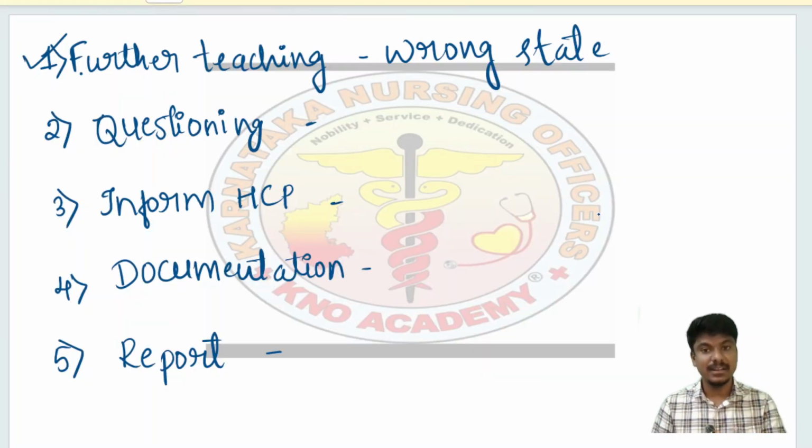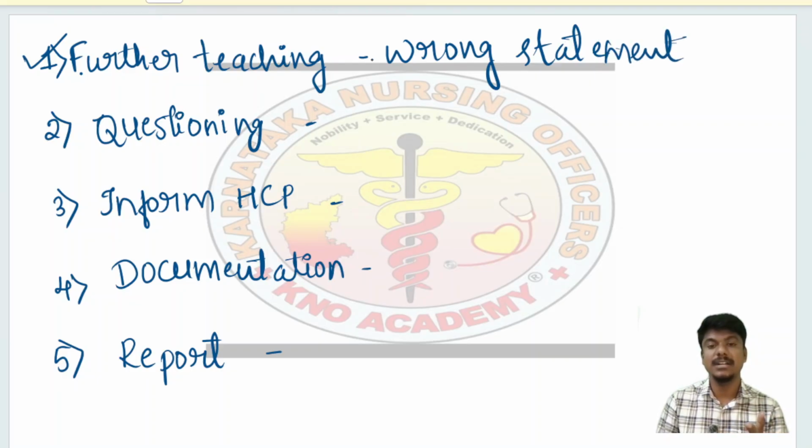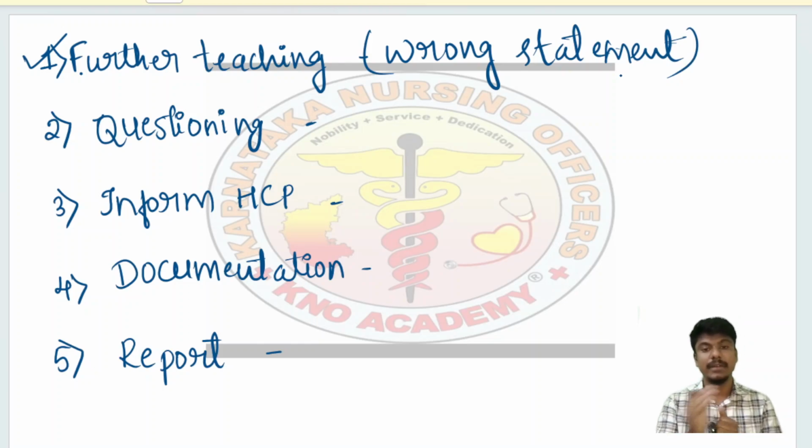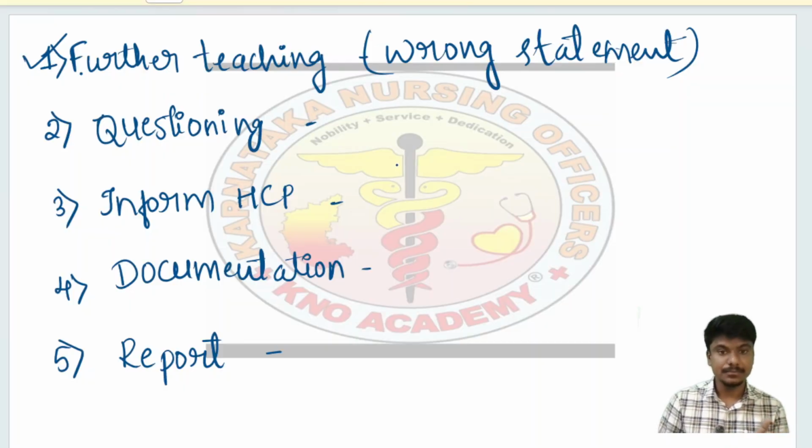You should clarify that topic and give a prompt, genuine answer to the patient when a wrong statement is told by the patient or the healthcare providers. Where there is a wrong statement, it requires further teaching. When you encounter this in examinations, the wrong statement is where further teaching is needed.